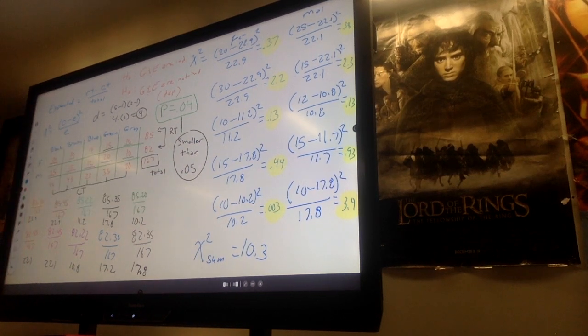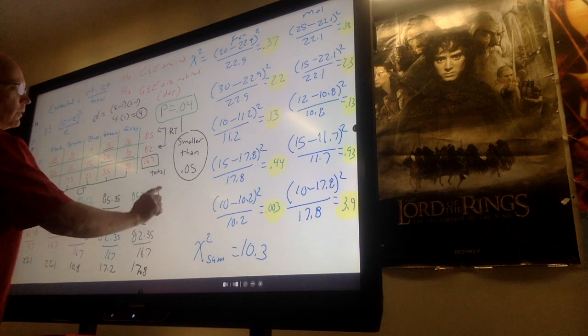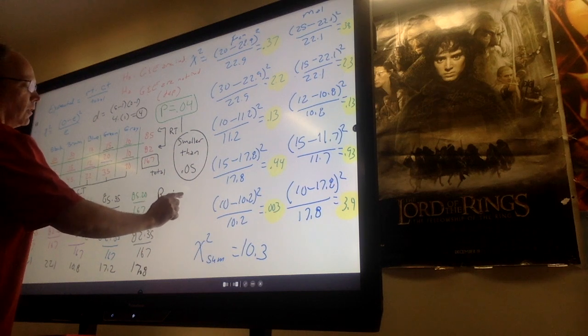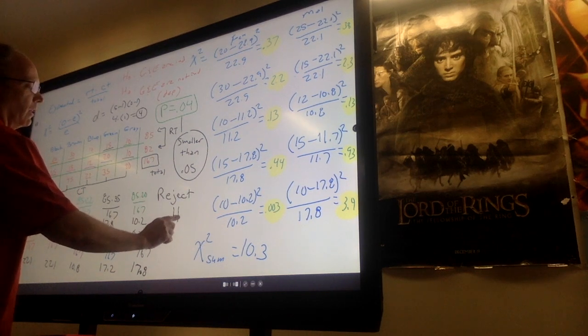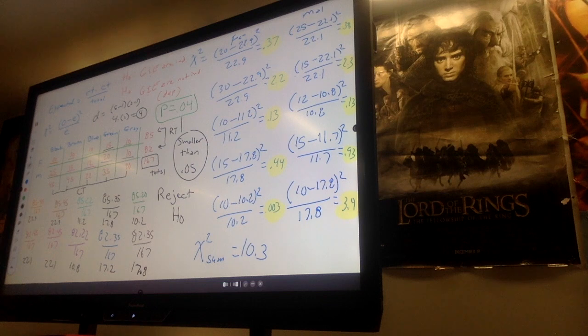So if it's smaller than 0.05, we what? Reject. So we reject our null hypothesis. If we reject our null hypothesis, that means we found evidence that supported our alternative hypothesis, which means the evidence went against the null.